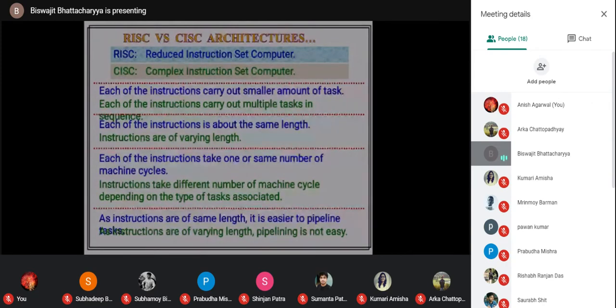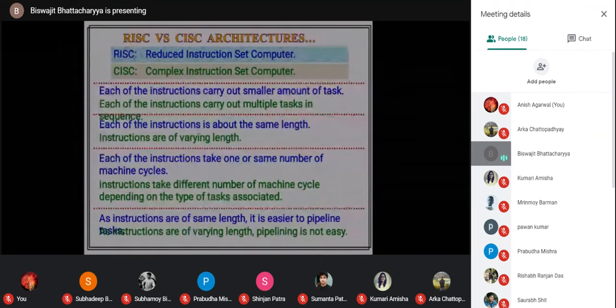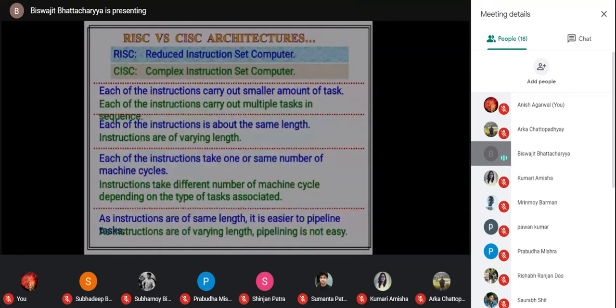Okay. Now in a RISC processor, as it is a reduced instruction set computer, the number of instructions is quite small, the size of the instructions is quite small, and the structure of the instructions is quite simple. So each of the instructions carries out a smaller amount of tasks.